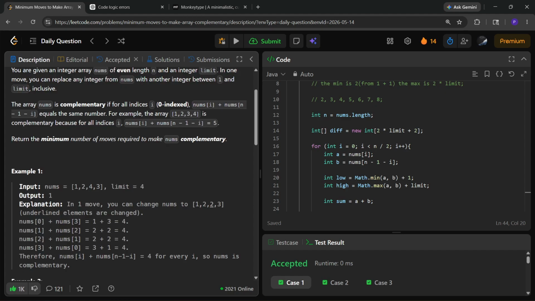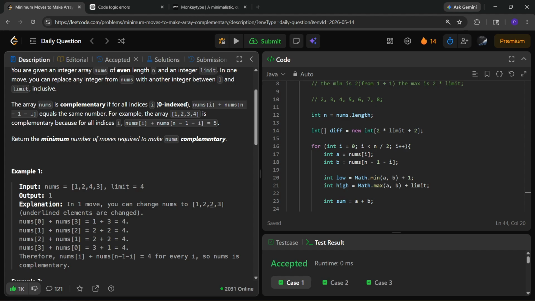So the array is 1, 2, 4, 3. The difference array is of the size 2 into limit plus 2. So 2 into limit would be 8 for limit equal to 4, and then plus 2 is 10. So now I have a new array of size 10, that means 9 indexes, and initially everything is 0.